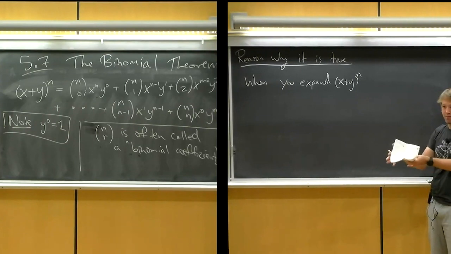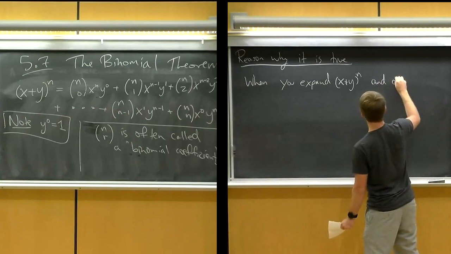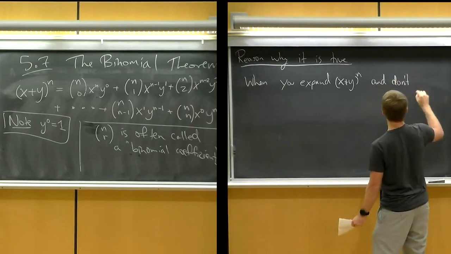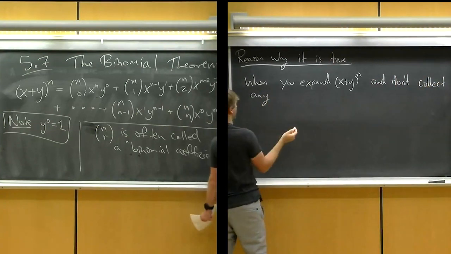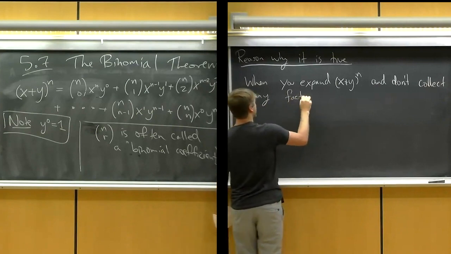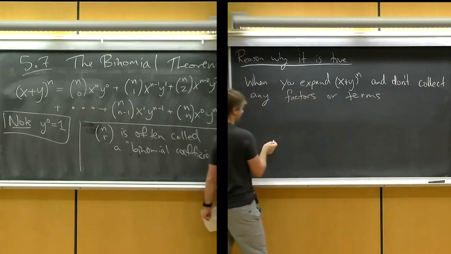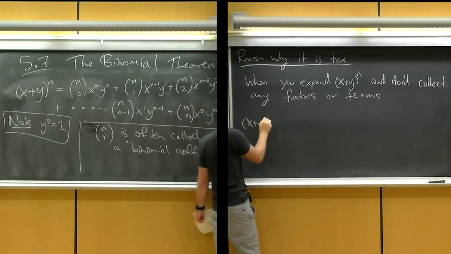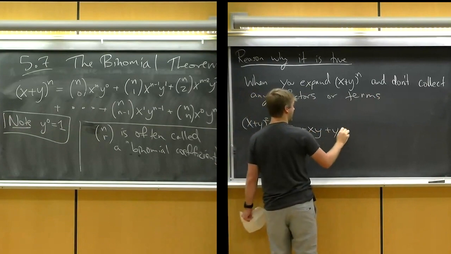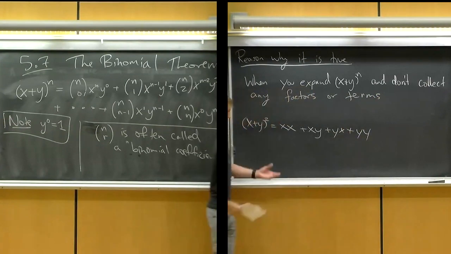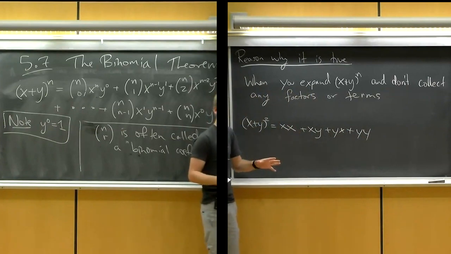But if you expand and don't collect or reorganize anything, so don't collect any factors or terms, then what I mean is, if you're doing (x + y)^2, you just leave it as x times x plus x times y plus y times x plus y times y. So don't write this as x squared, don't collect anything, just leave it as it is.